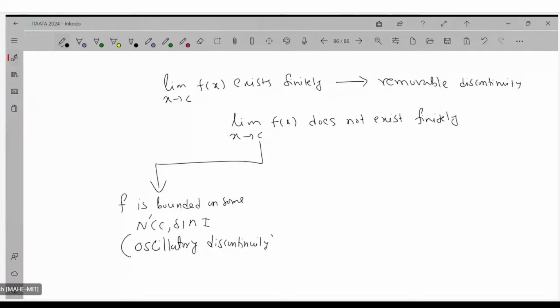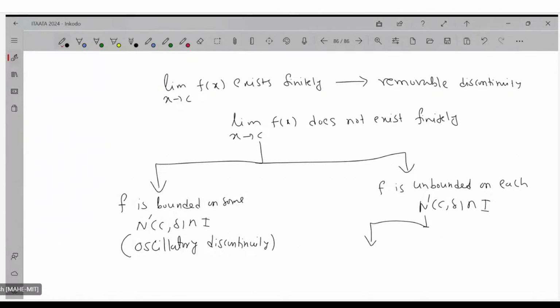The other case is that f is unbounded on each N'(c, delta) intersection I. Under this you have two possibilities. One, this limit f(x) is either infinity or minus infinity, then we will have infinite discontinuity, or point of infinite discontinuity.